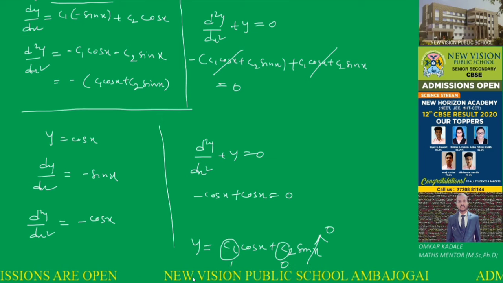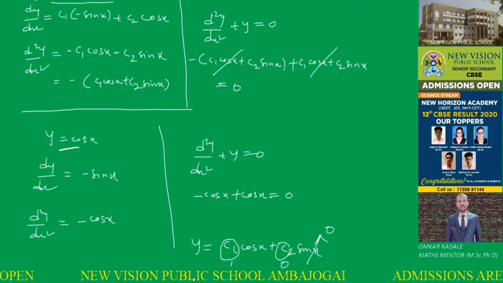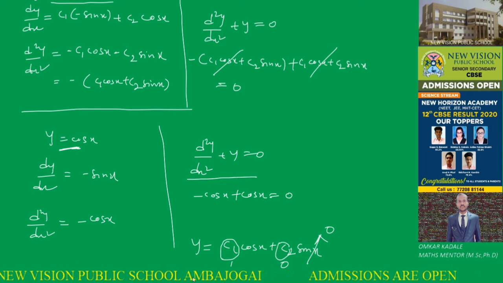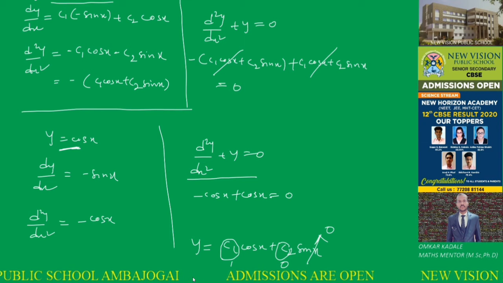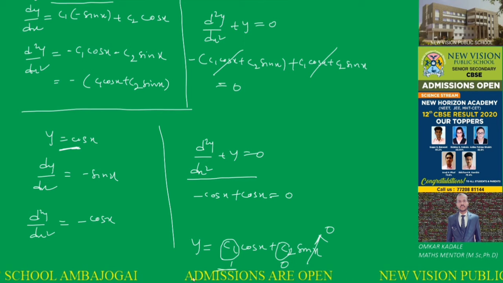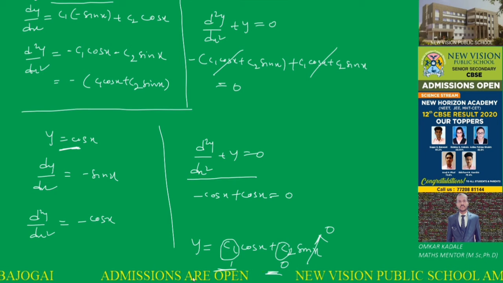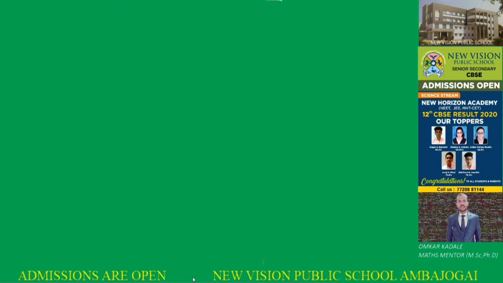Only c1 is 1, so 1 into cos x is cos x. So y equals cos x also satisfies our differential equation d square y upon dx square plus y equals 0. So here the value of arbitrary constant c1 is 1 and c2 is 0, right?